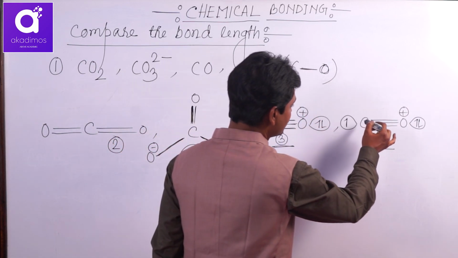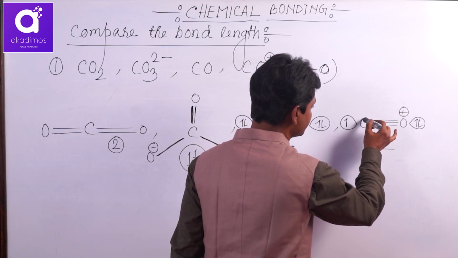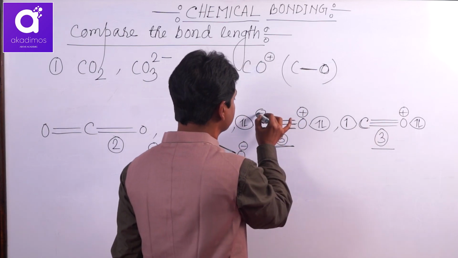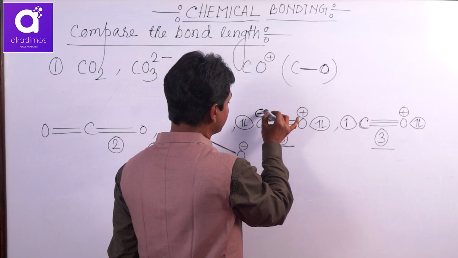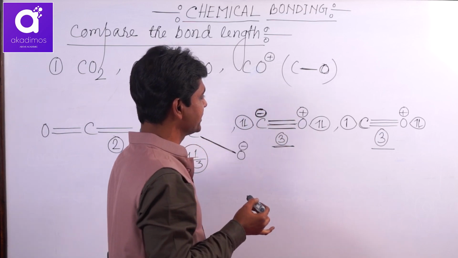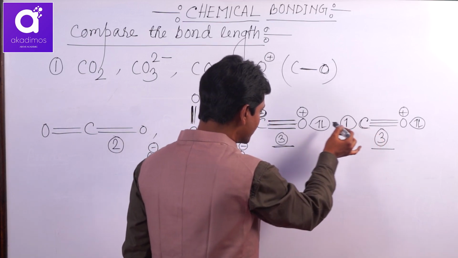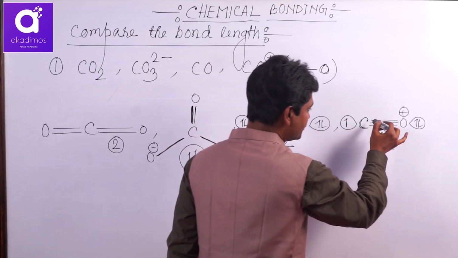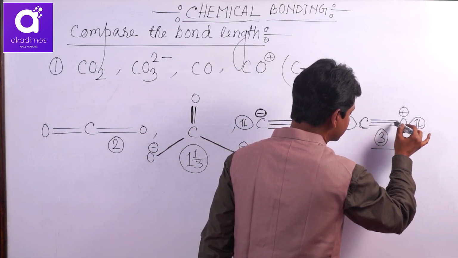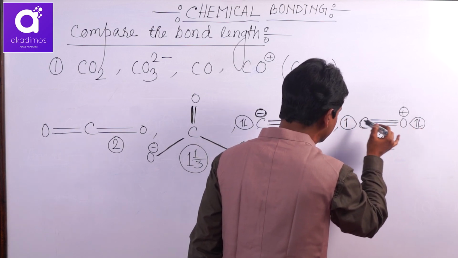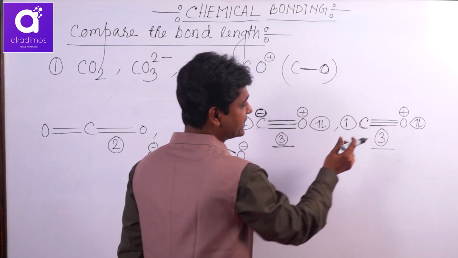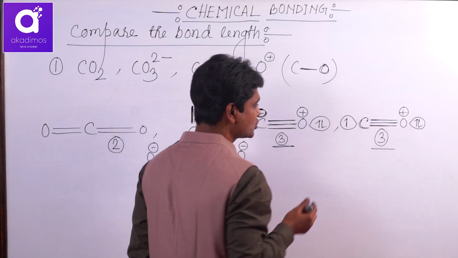Here see, in CO plus carbon is neutral. Neutral means more electronegative than C minus. If minus comes, then electronegativity decreases and electropositivity increases. Since it is more electronegative than this, it will try to attract the electron cloud towards its nucleus more than C minus. That's why its bond length becomes shorter.